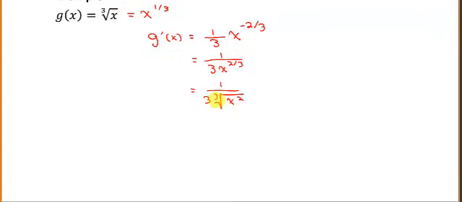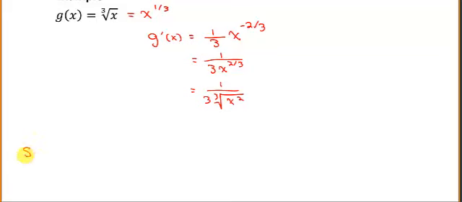All right, now this g prime is never going to be 0, because for a fraction to be 0, the numerator would have to be 0, and the numerator is 1, so it can't be 0. But if x is equal to 0, the denominator of g prime is 0, so that would make g prime undefined.